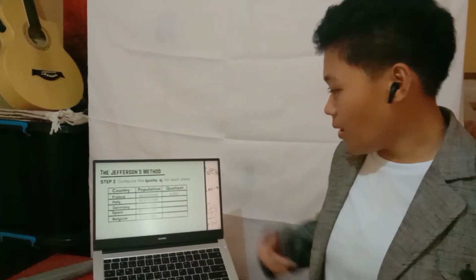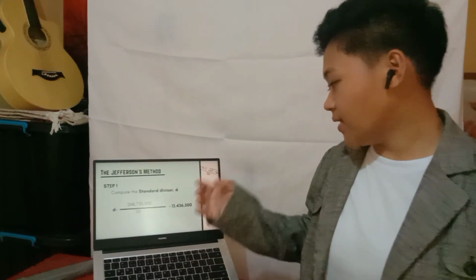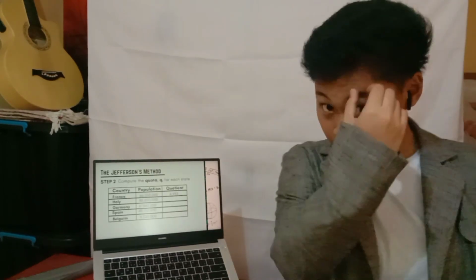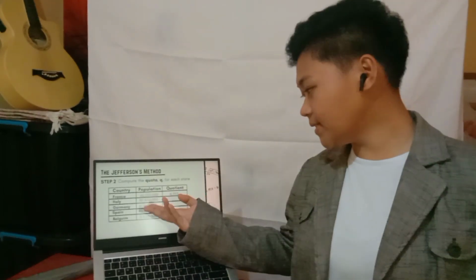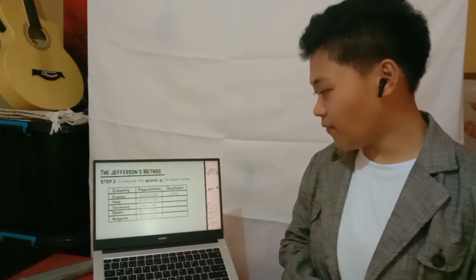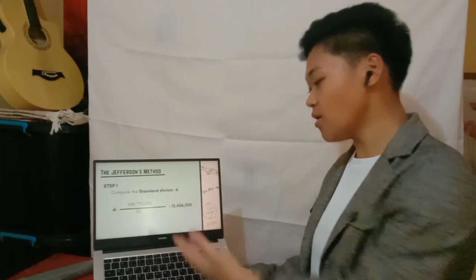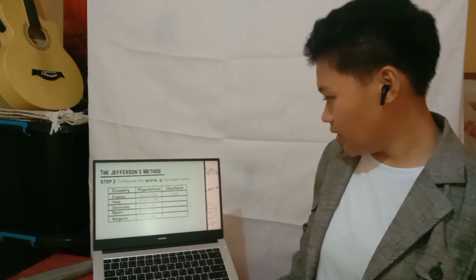So let's proceed to the second step, which is to compute the quota for each state. It will be population divided by standard divisor, which is 13,436,500. So we're going to compute it: 66,550,000 divided by the standard divisor, 13,436,500.